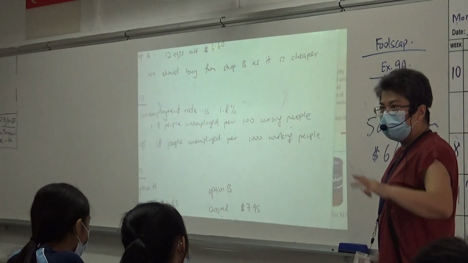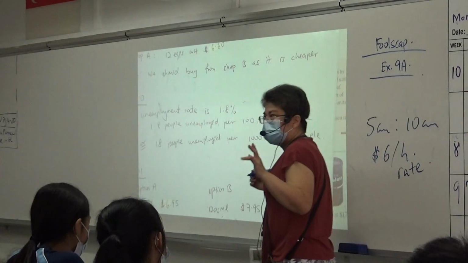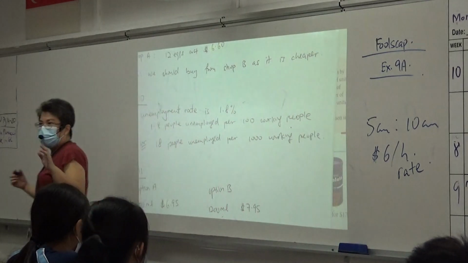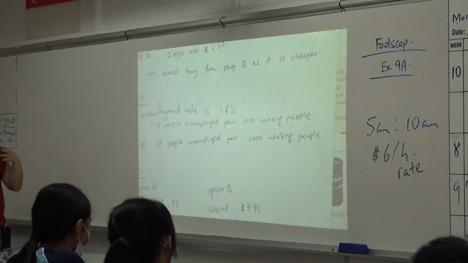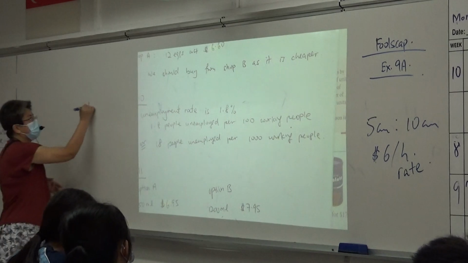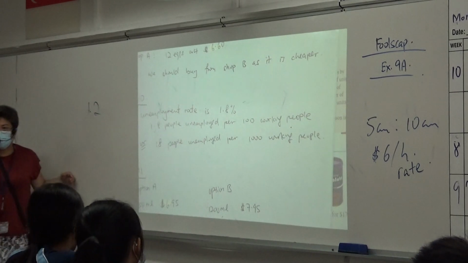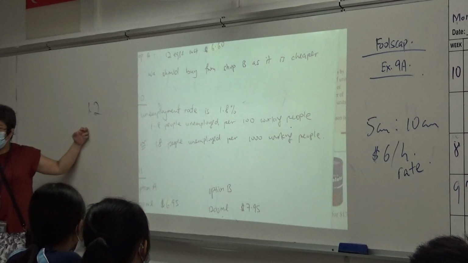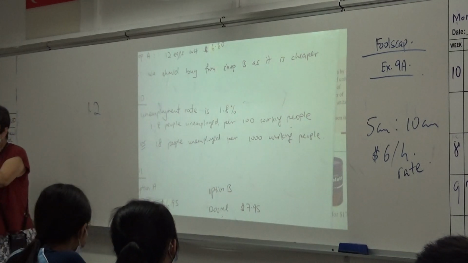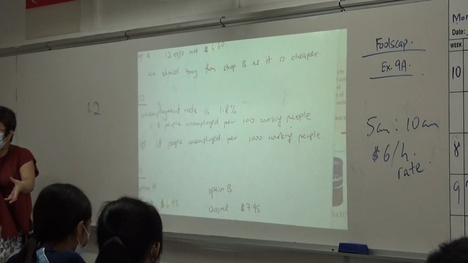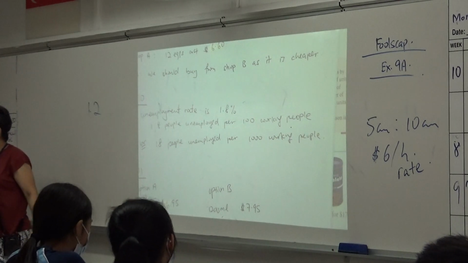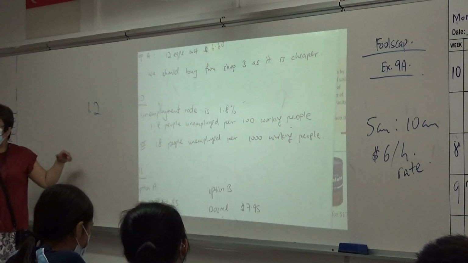Let me give you another example. For example, the average number of children per family is 1.2 children. Does it mean that the family has 1 child and just part of the leg comes out? No. Okay, this is per family. Per family means how many families? 1. What if I have 10 families?